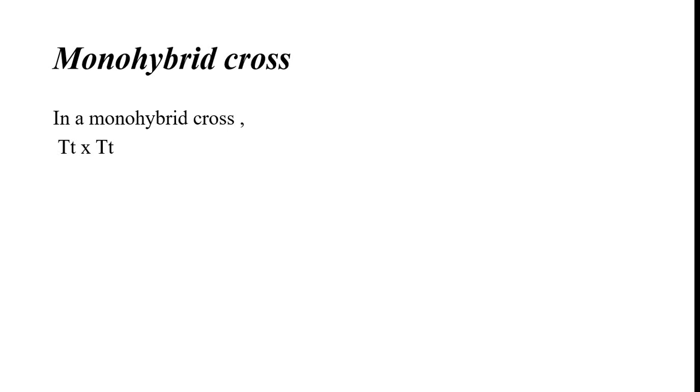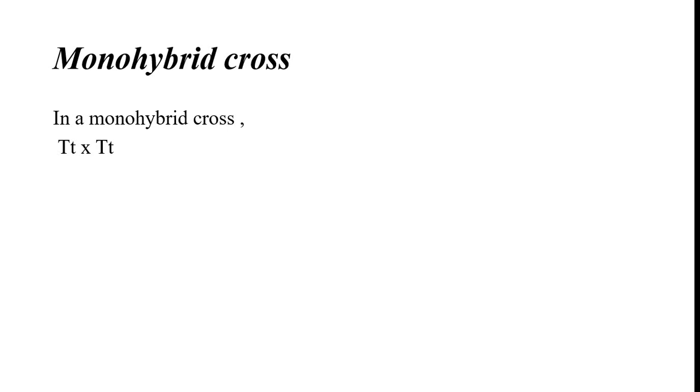A monohybrid cross is a cross between two heterozygotes that are different at one gene locus. One gene locus means you're looking at only one gene at one particular locus. So if you're looking at gene T, then the two forms of that gene are the dominant capital T and the small t, that is the recessive.